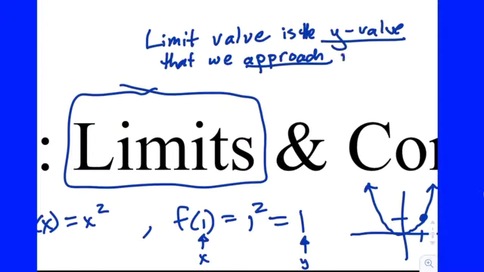That's a key word, rather than actually get to. So the function value is the value that we get to. We go to the point 1, 1. The limit is the y value that we are approaching.